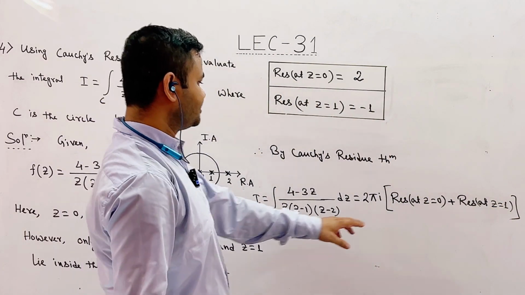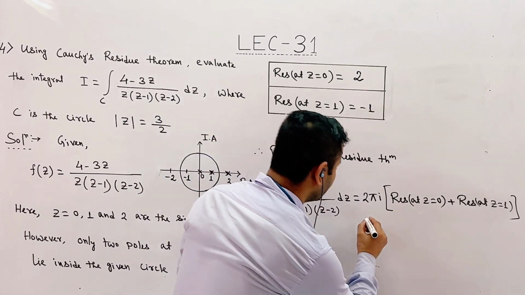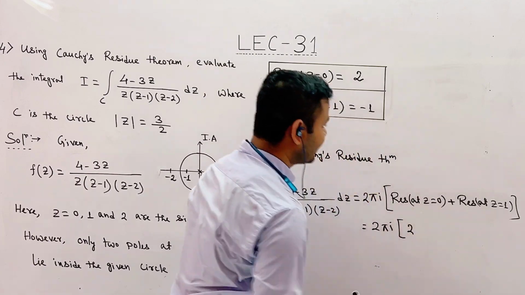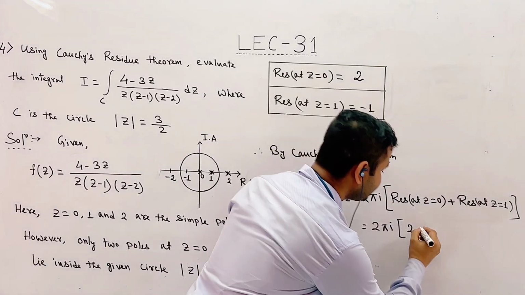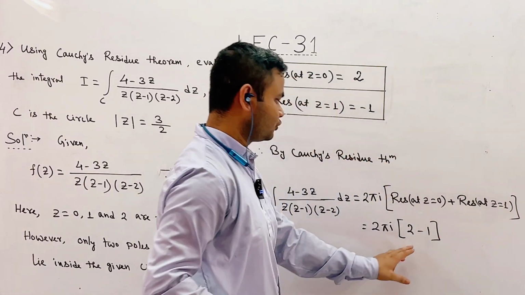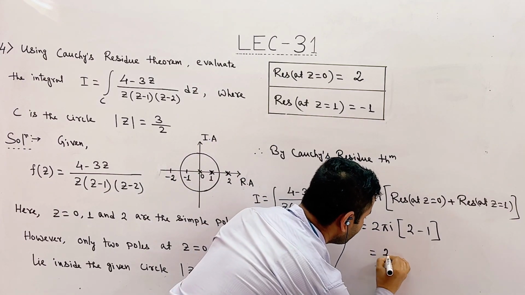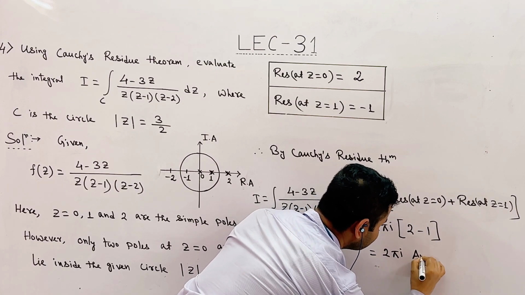We know residue at z equal to 0 is 2 and residue at z equal to 1 is minus 1, and 2 minus 1 is 1. 1 into 2 pi iota equals 2 pi iota, which is the answer.